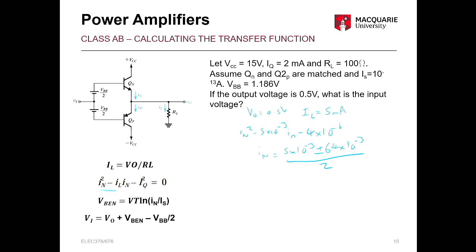Only one of them is going to be positive, and that's the direction we want for this current. So we get IN equal to 5.7 milliamps. Once we have IN, it's pretty straightforward to get the VBEN.